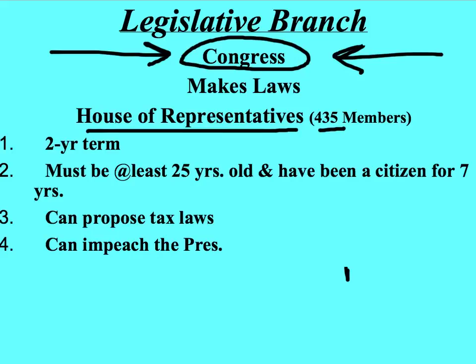Nebraska gets 3. Okay? Now, these guys have a 2-year term. That means they are elected every 2 years. Every 2 years, members of the House of Representatives are up for re-election. Now, here are the requirements.